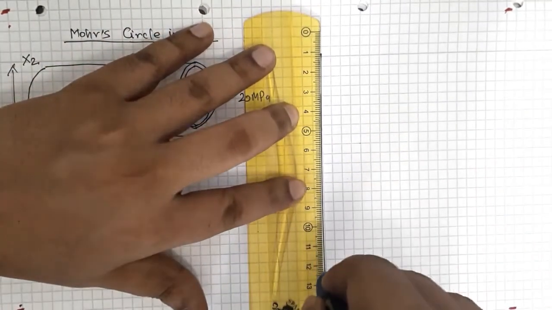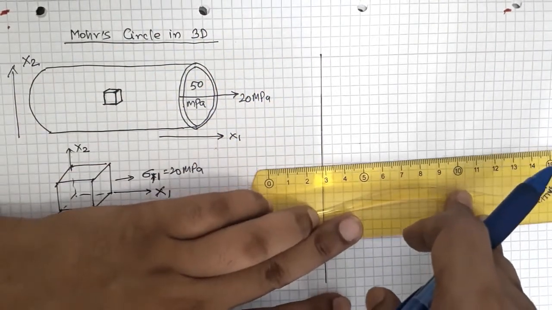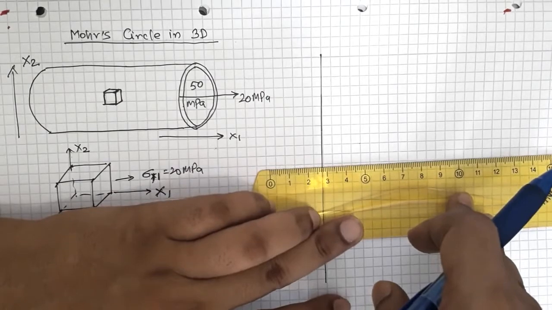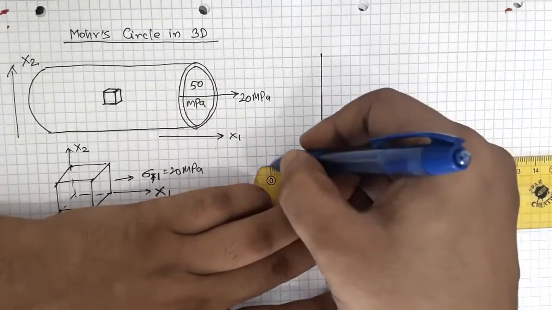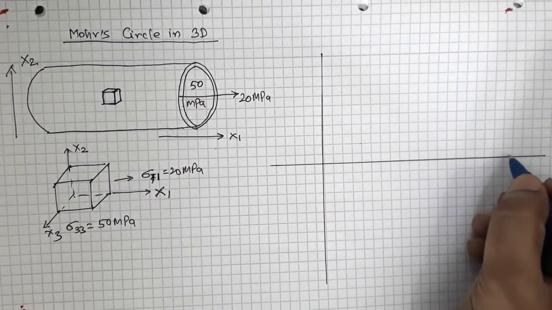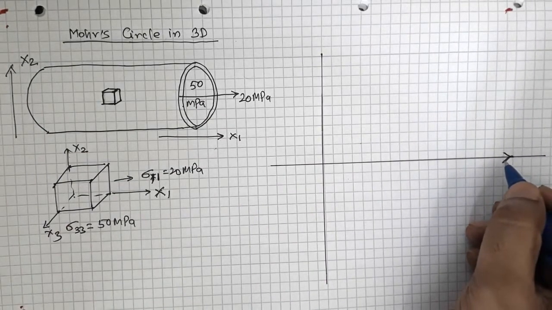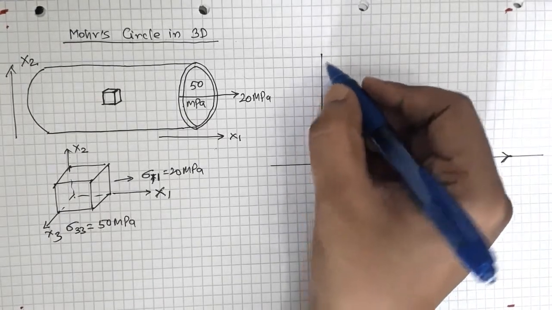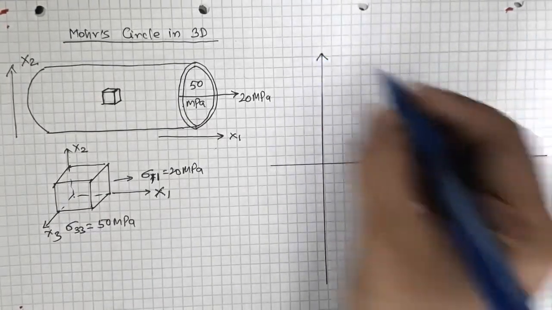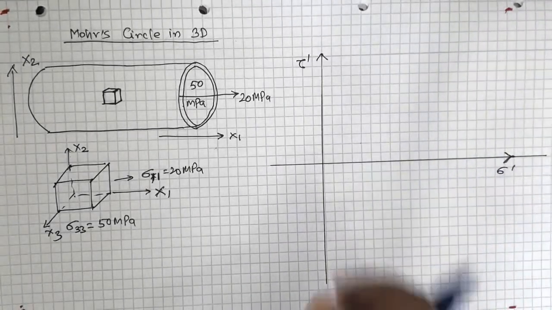So this is my shear axis, and this is my normal stress axis, okay. So my normal stress axis is this, and shear stress axis is here, tau dash, sigma dash, okay.